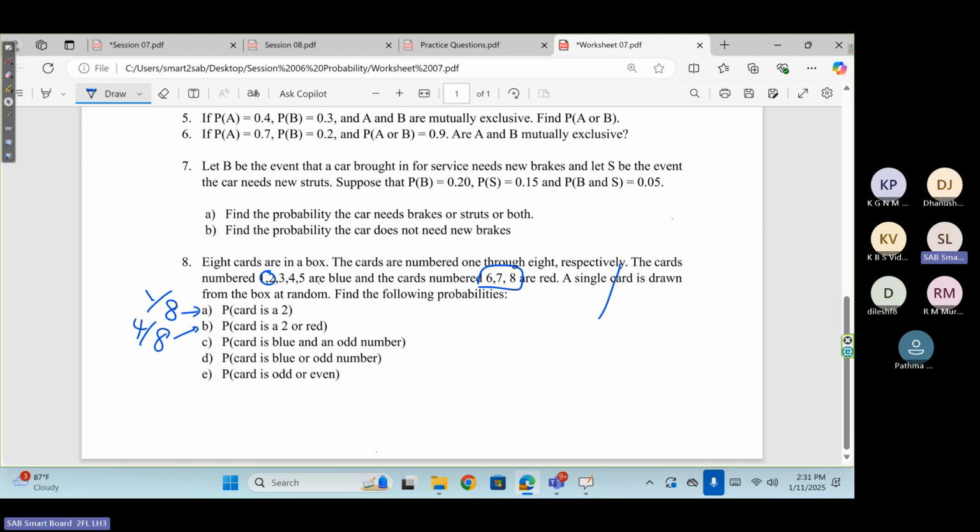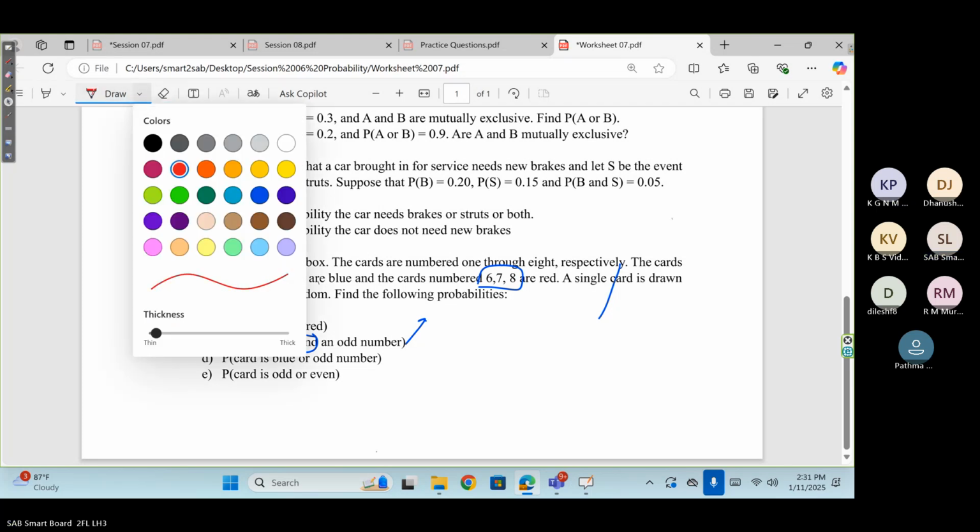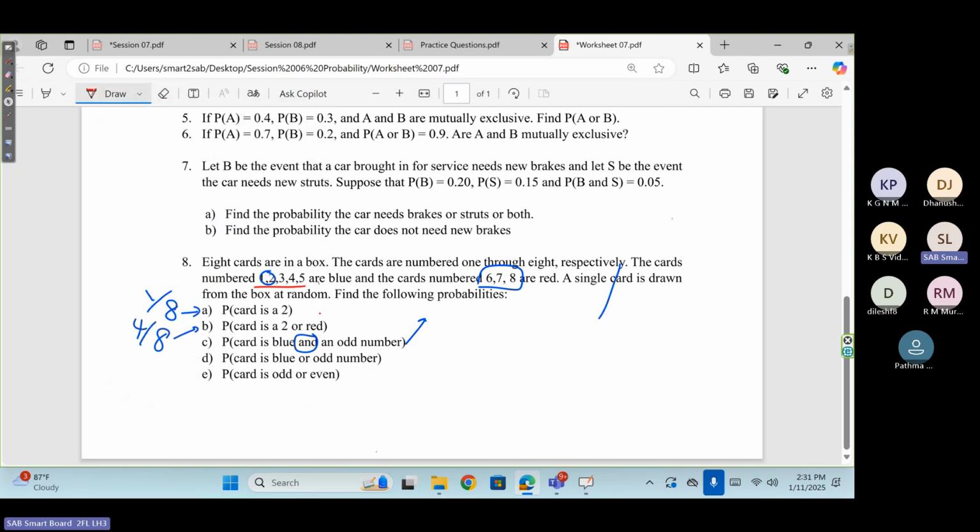Here, the probability that the card is blue and an odd number. And means common. Then the card is blue and an odd number. We identify the blue cards: 1, 2, 3, 4, 5.